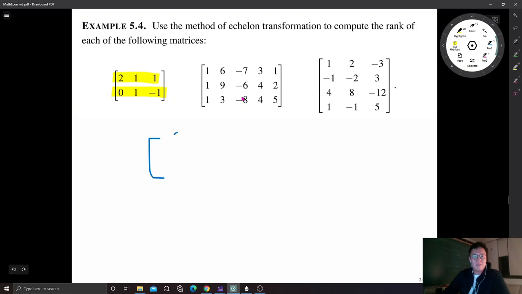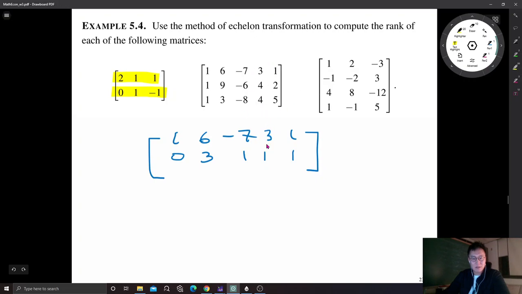Then if we find the difference, we have 0 and 3 and 1 and 1 and 1, right? I just take away the first row vector from the second.